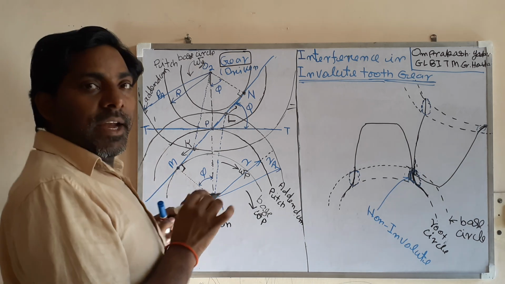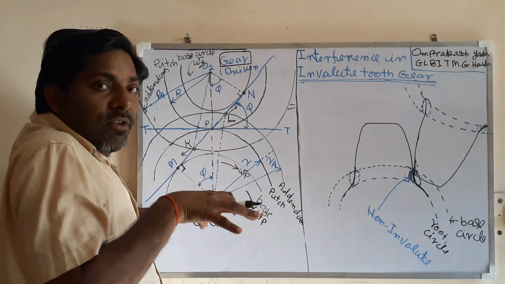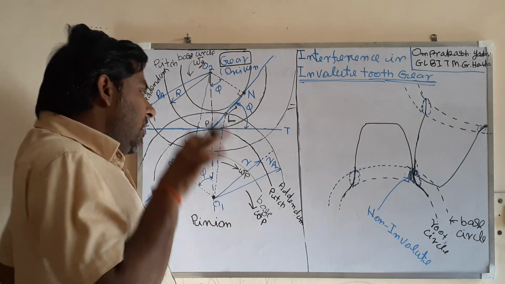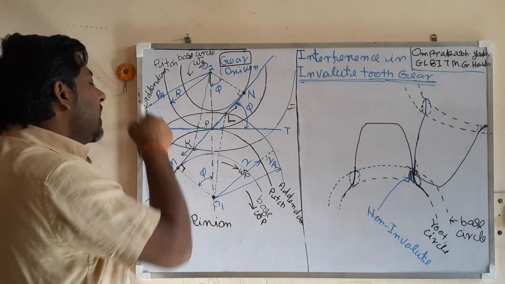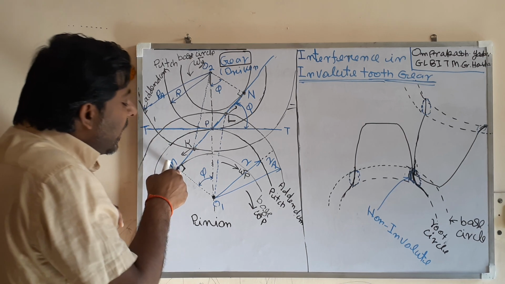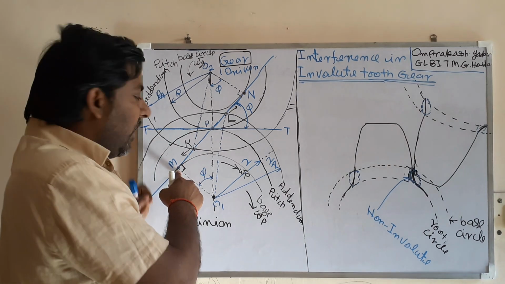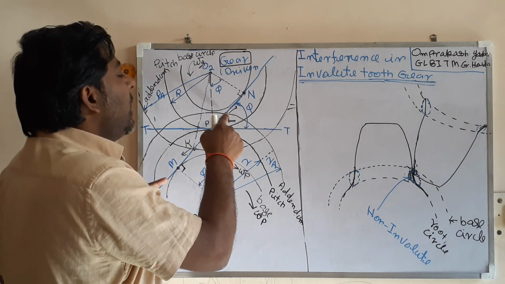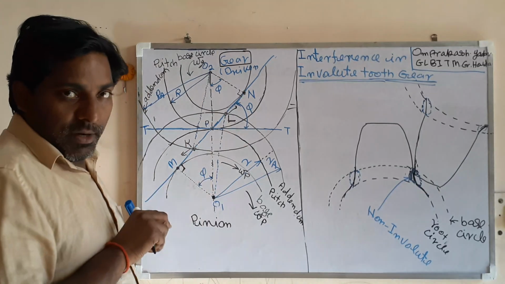So first, when you are increasing the addendum circle radius of gear and pinion both, the addendum circle radius of the gear first reaches the limiting interference point. So first K reaches the point M and L reaches the point N later.